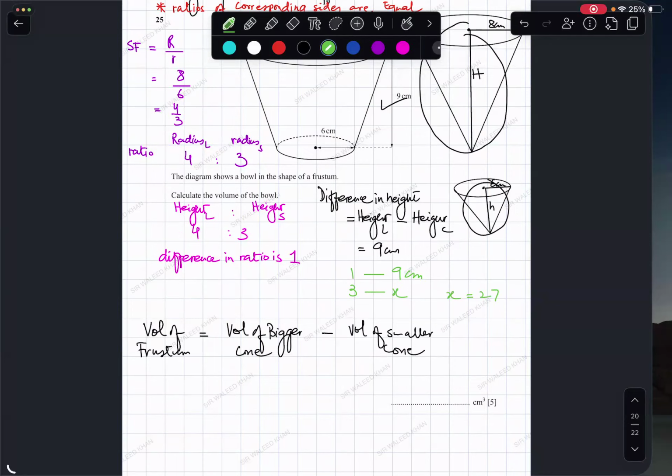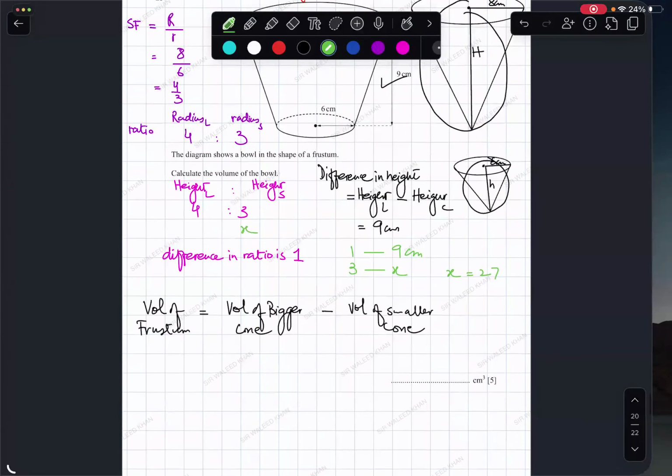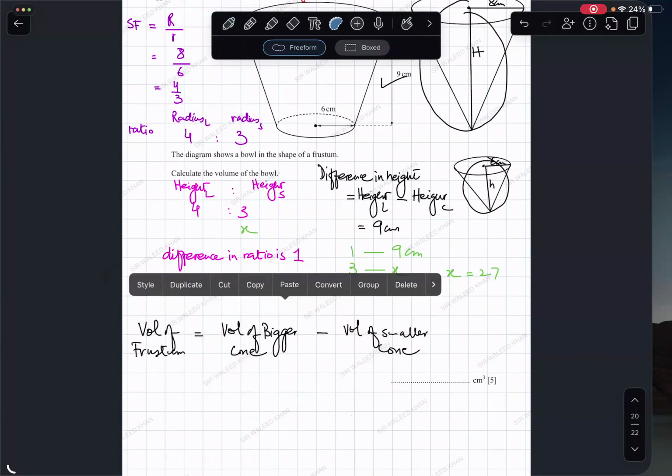So then this is X. And what about 4 parts? 4 parts should be representing how much? 36.